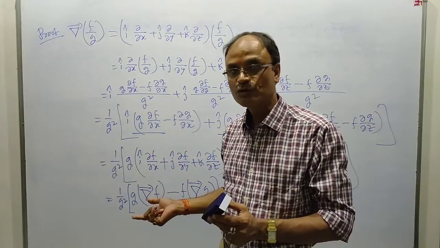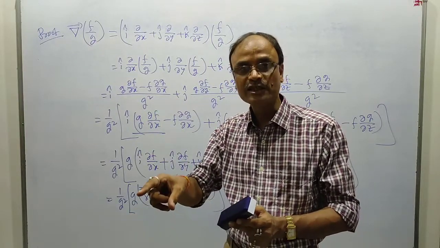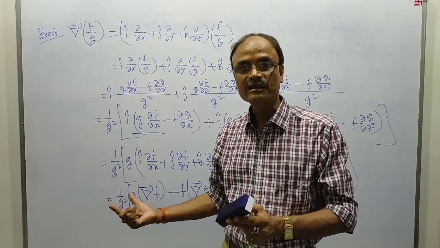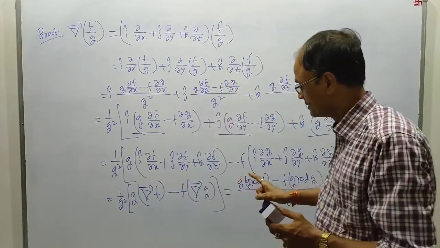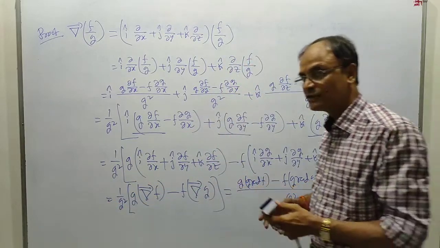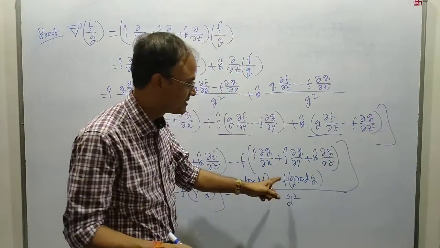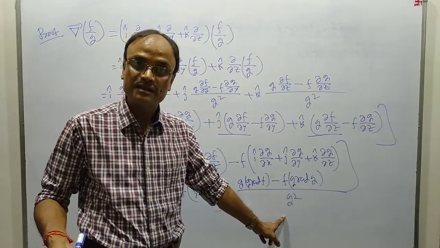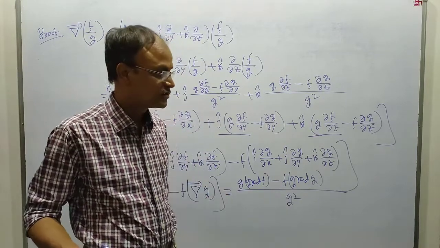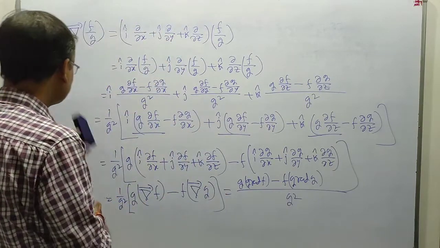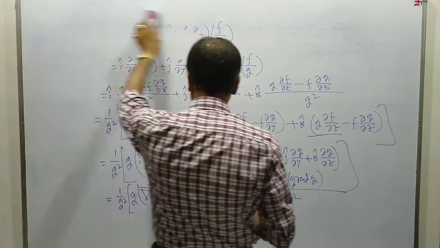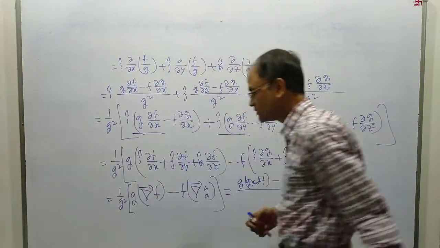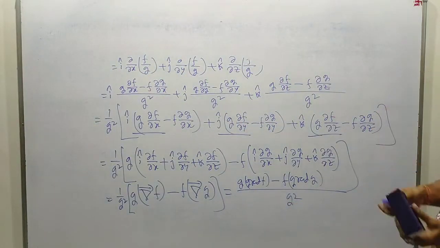In this case also, in place of differentiation you should write gradient: denominator into gradient of the numerator minus numerator into gradient of the denominator, divided by the square of the denominator, like this. Perhaps you have understood this. It is very easy.